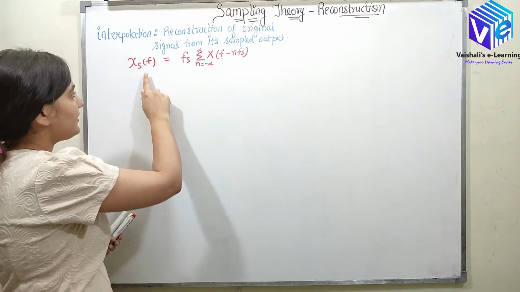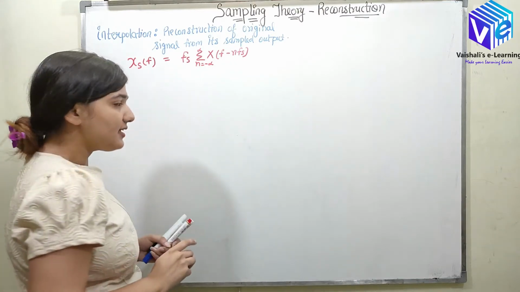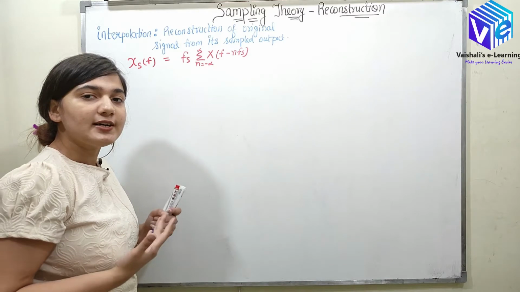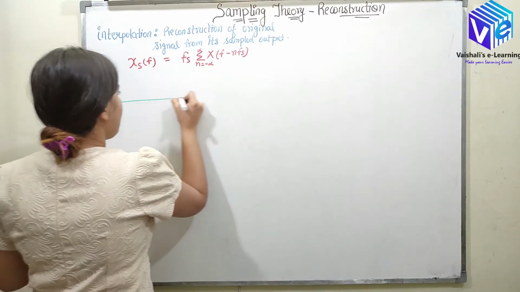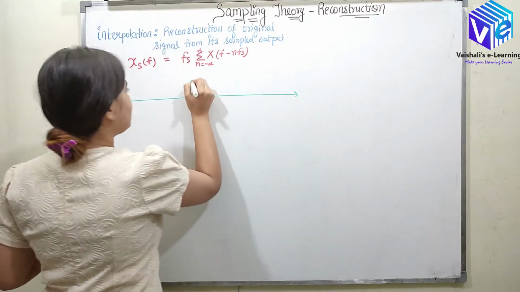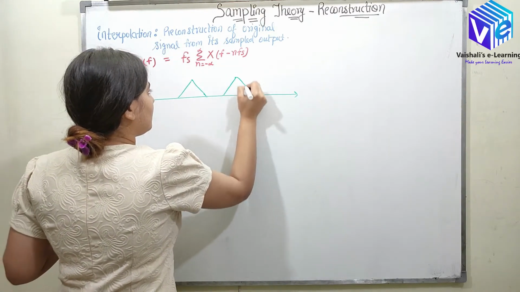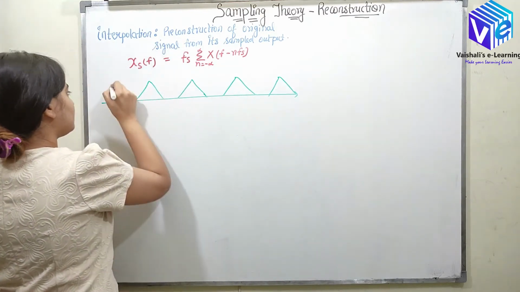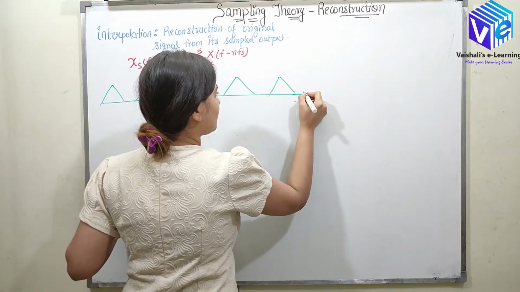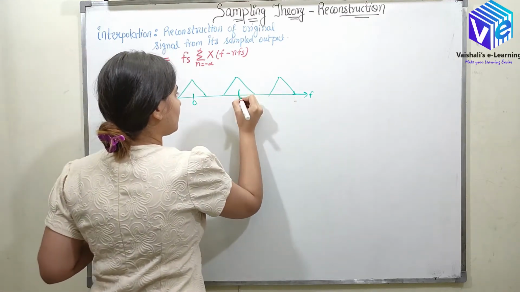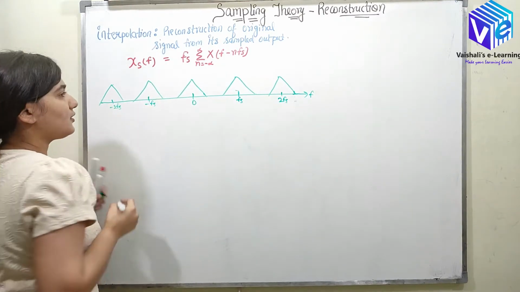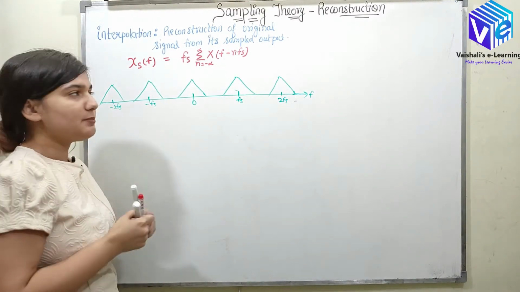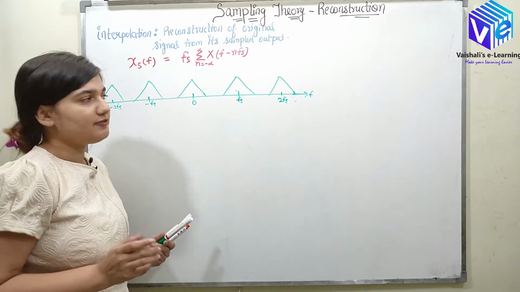Now here the sampled function is given like this, and I have already plotted it in the frequency domain as well. In the frequency domain, my sampled function looks like this. This is the frequency representation of my sampled function.